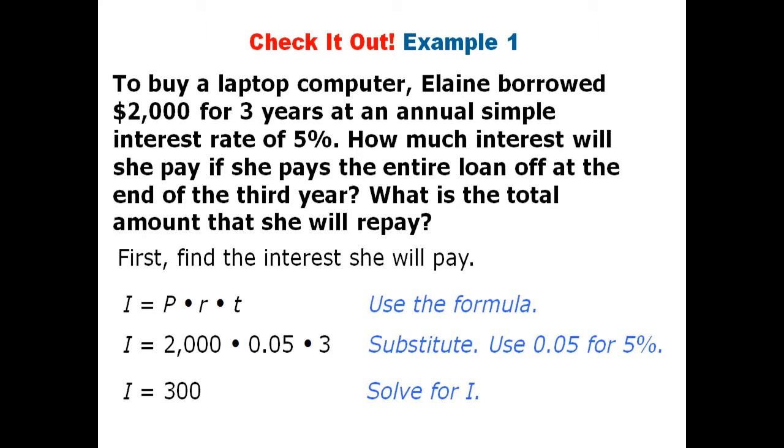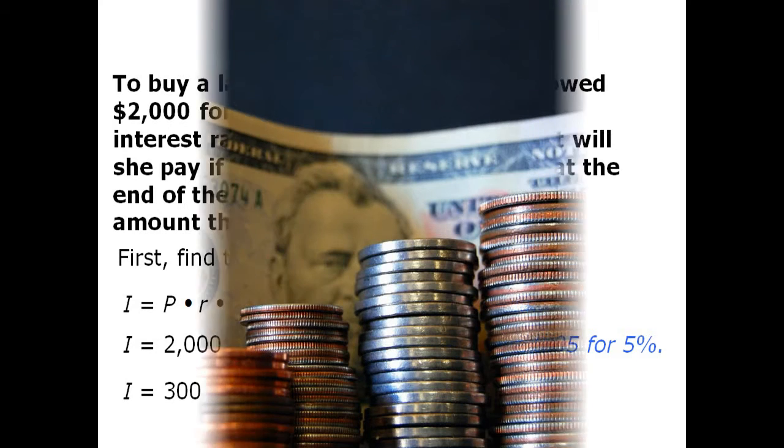Knowing that our formula is interest equals principal times rate times time, that would be $2,000 principal times a 5% interest rate times 3 years. 2,000 times 5% times 3 is $300. So she will have to pay back $300 in interest along with the $2,000 she originally borrowed, for a total amount of $2,300.